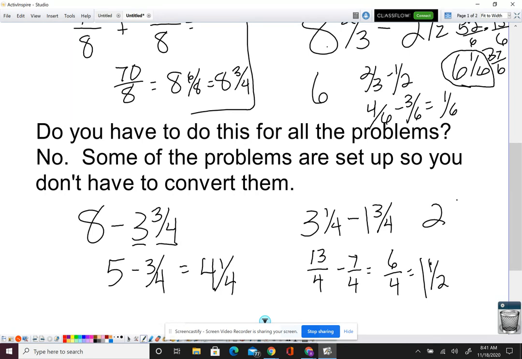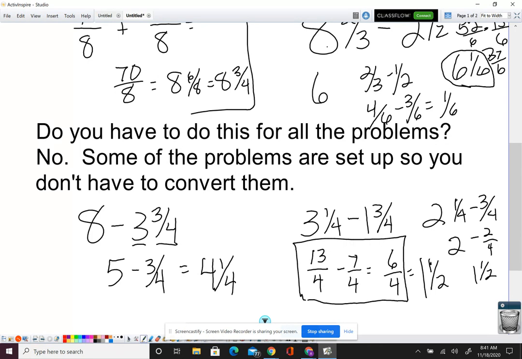But then we have the fractions that we have to worry about. 1/4 minus 3/4 is a negative 2/4. So we have 2 minus 2/4. So 2 minus 1/2 is 1 1/2. So whichever way you're more comfortable working, whether it's doing the improper fractions or working with the whole numbers and the fractions, you can do these problems. There's no set rule for how to do these problems.